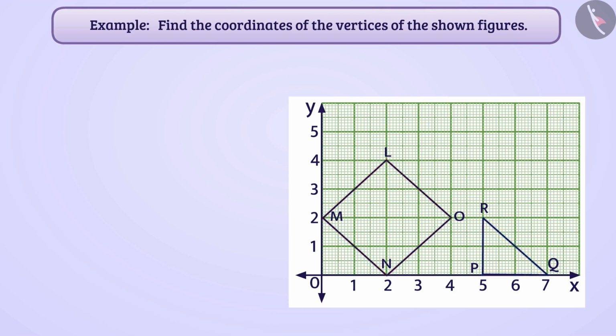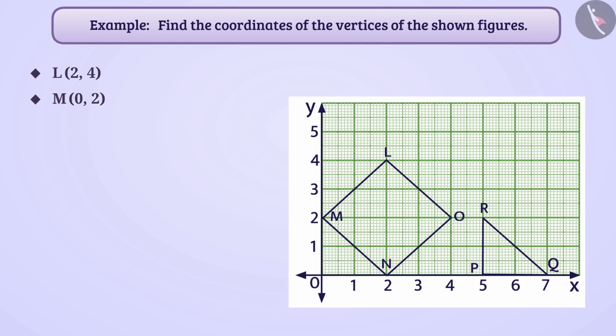We see that the x-coordinate of the vertex L is 2 and the y-coordinate is 4. Hence, the coordinates of the vertex L are (2, 4). Similarly, the x-coordinate of vertex M is 0 and the y-coordinate is 2. Hence, the coordinates of the vertex M are (0, 2). The x-coordinate of vertex N is 2 and the y-coordinate is 0.